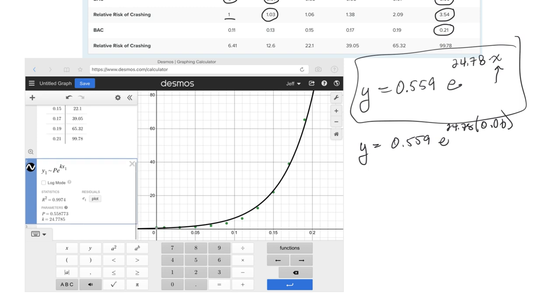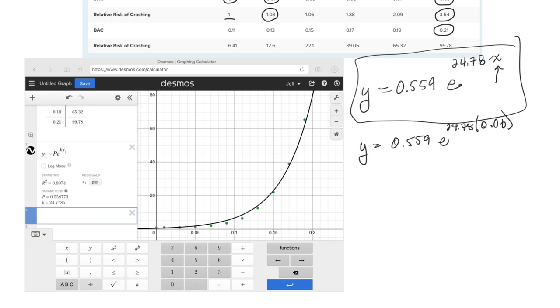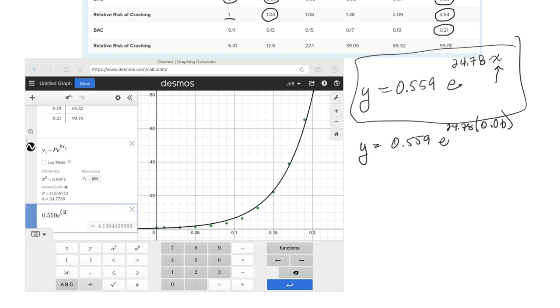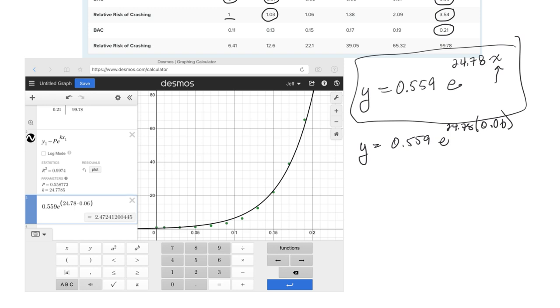Okay, so right down here, I need to go 0.559 e to the, and then in brackets, I'm going to write 24.78 times 0.06. Now notice that I rounded both those numbers a little bit, 3 decimal places, 2 decimal places. So my number might not be exact. On an exam, if I'm worried about it, I'll tell you how many decimal places to round things.